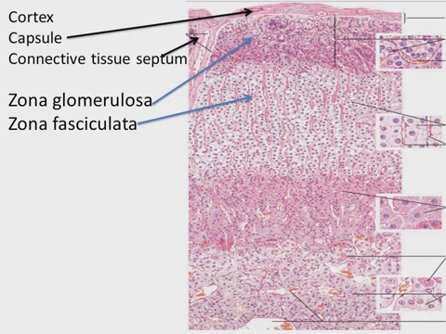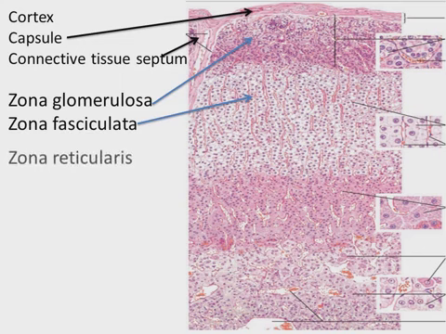The sinusoidal capillaries are also seen there, and here is the cellular arrangement in the zona fasciculata: vertical columns or radiating plate-like cords. In between them, we can see sinusoidal capillaries.